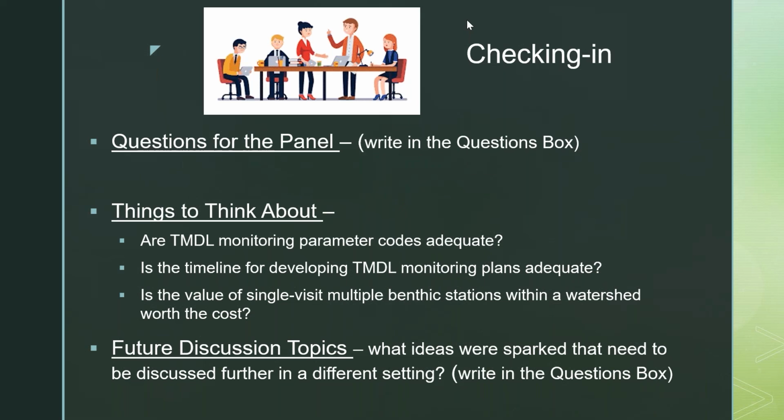And so within that context of nested TMDLs, we actually do have a lot of projects, right? Not a lot of individual TMDLs, but a lot of TMDL projects that have multiple stations within a larger watershed. And we can use all of that information against one another to help in the stressor identification process. It depends on the size of the watershed.